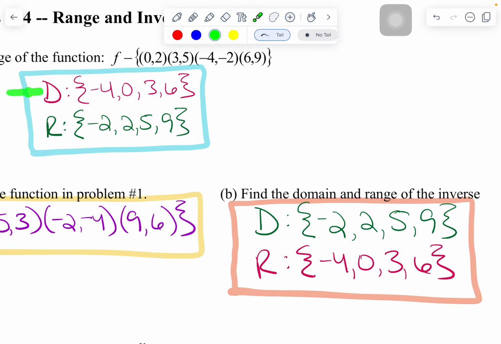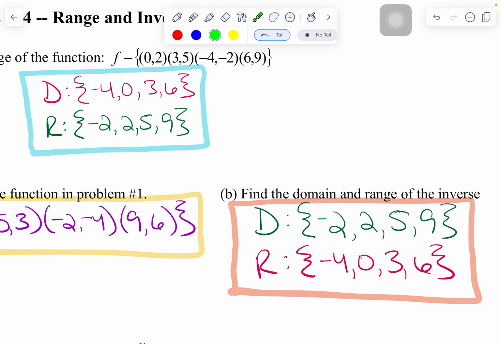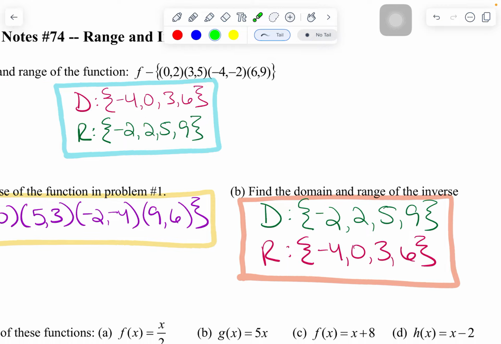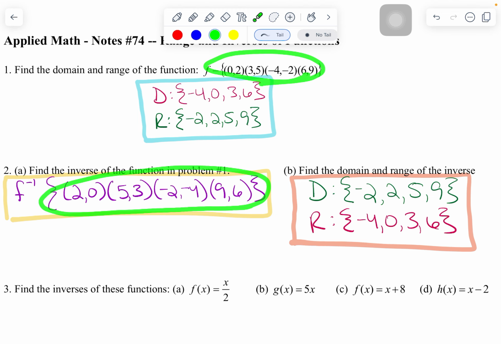So the X's that were part of your domain become the Y's that are part of your range for the inverse. And same thing, the range of the function is the domain of the inverse. And that's going to be a huge deal when we're looking to find domain and range for functions where maybe we can't explicitly write out ordered pairs like this.